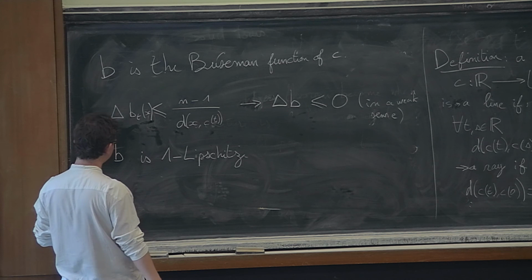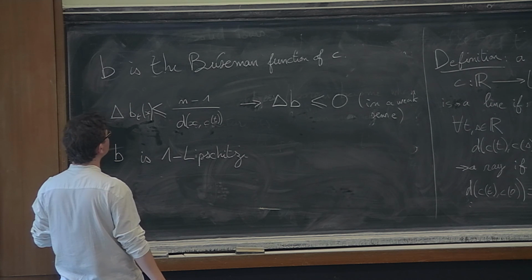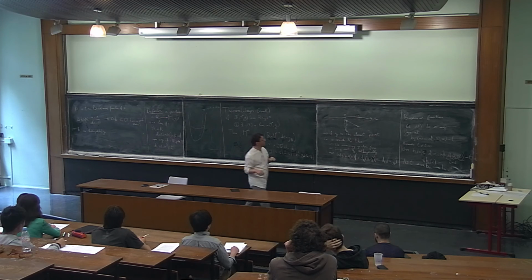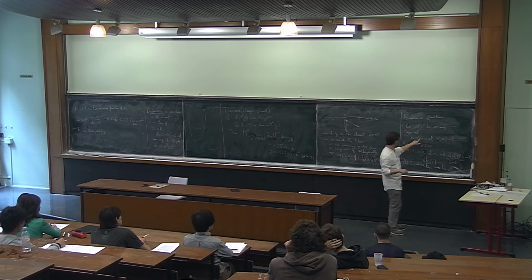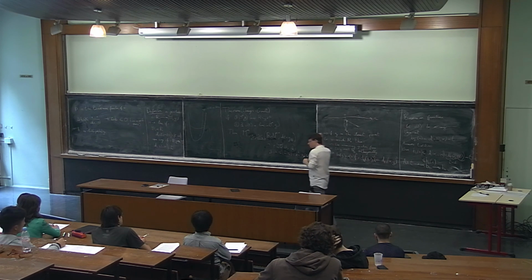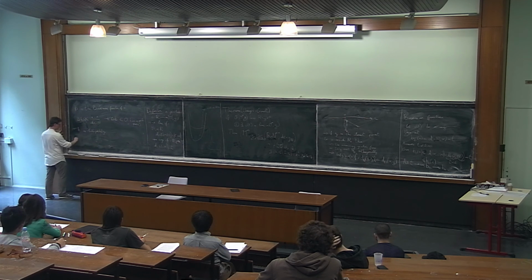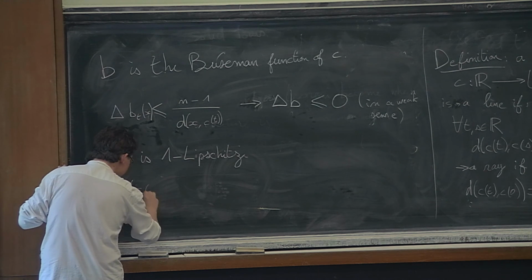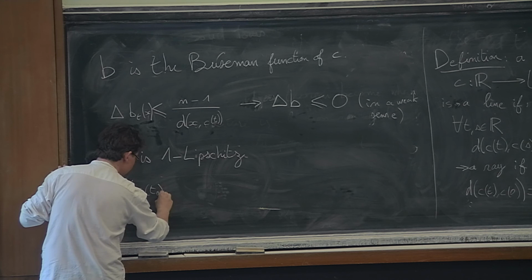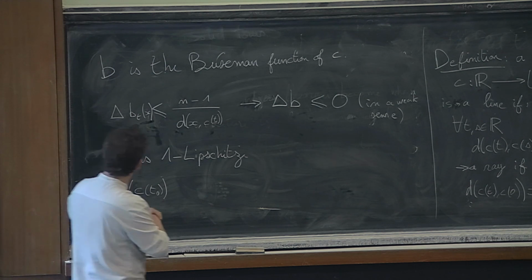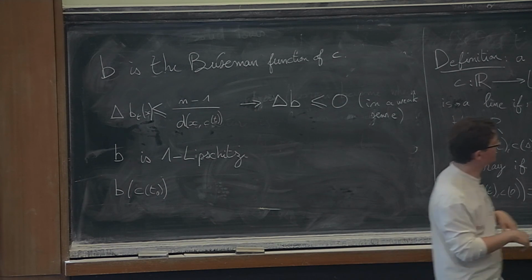Do I need another property? Maybe that would be useful to have this other property. So, what is b(c(t_0)) for the thing that we have?